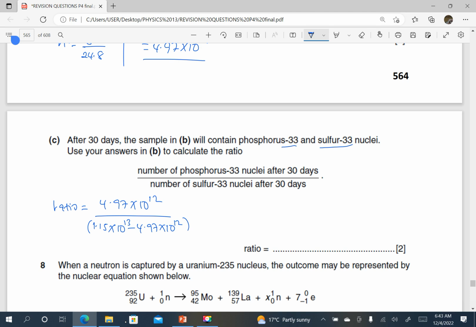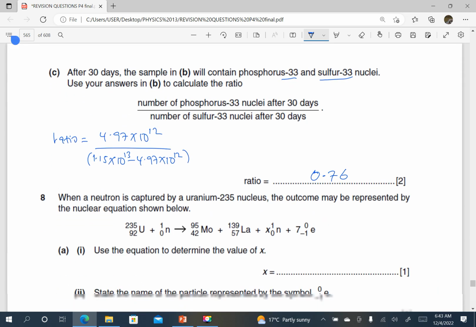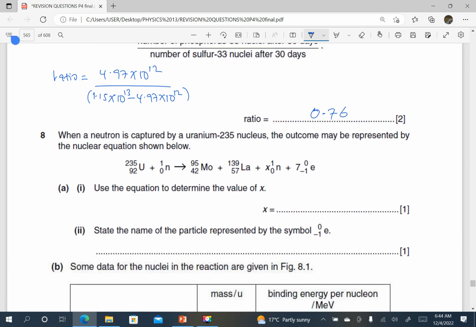So from my calculator, the ratio is 0.76. You can also verify. When a neutron is captured by a uranium-235 nucleus, the outcome may be represented by this nuclear equation. So we are saying that uranium-235 is capturing a neutron.